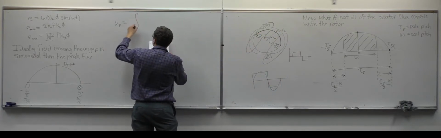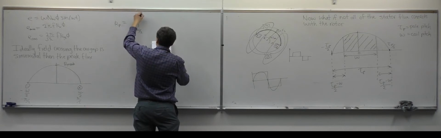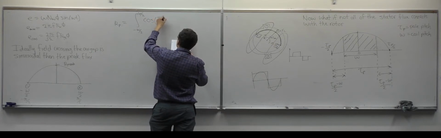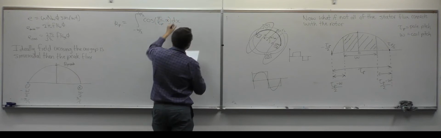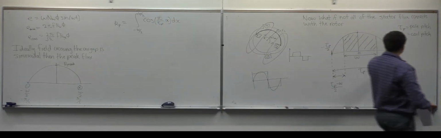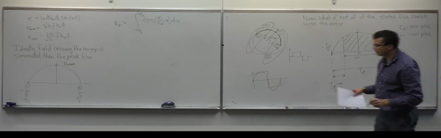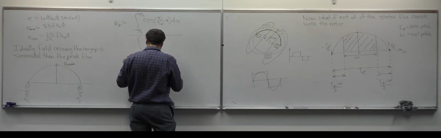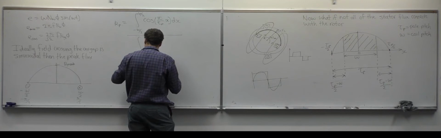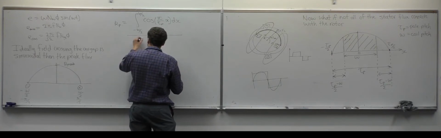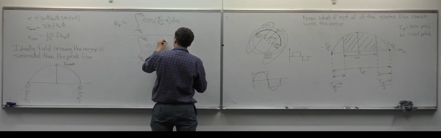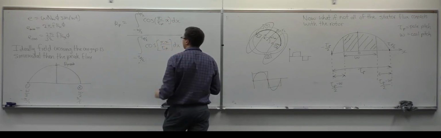So we can integrate from minus W over 2 to W over 2 of cosine pi x over TP dx, where this is x here, and then we divide that by the integration from minus TP over 2 to TP over 2 of cosine pi x divided by TP dx, like that.